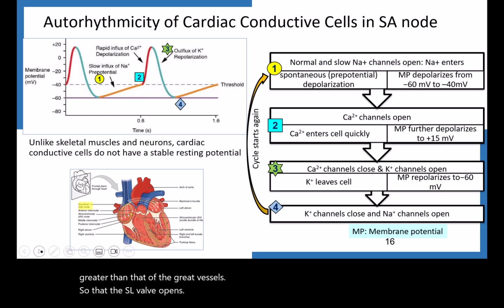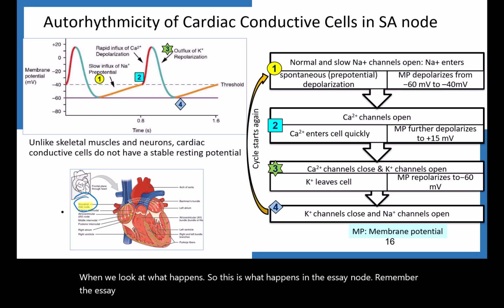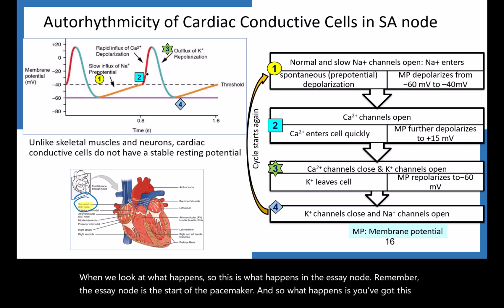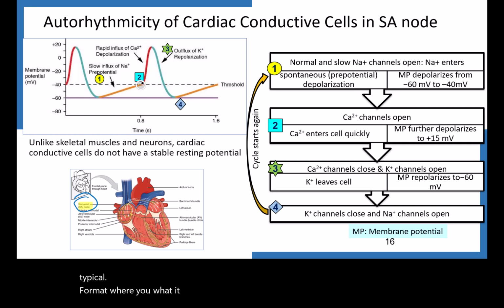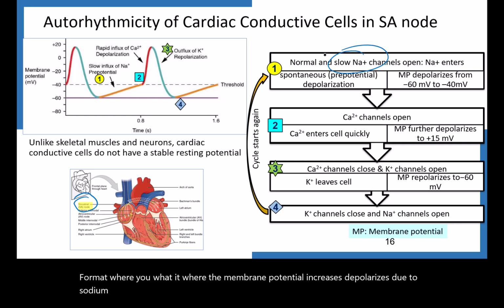When we look at what happens in the SA node, remember, the SA node is the start of the pacemaker. You've got this typical format where the membrane potential increases, depolarizes due to sodium entering into the cell.